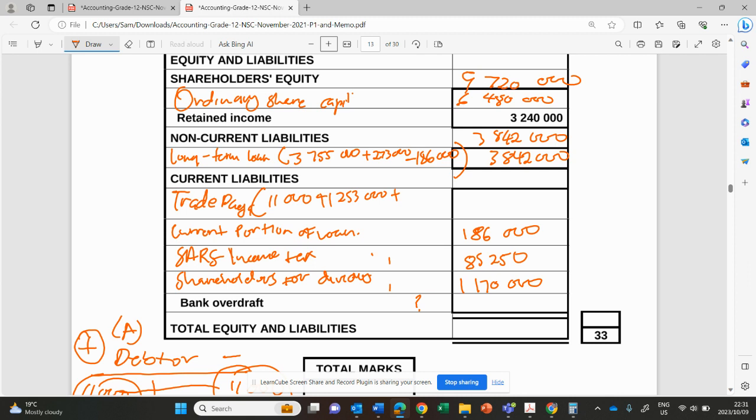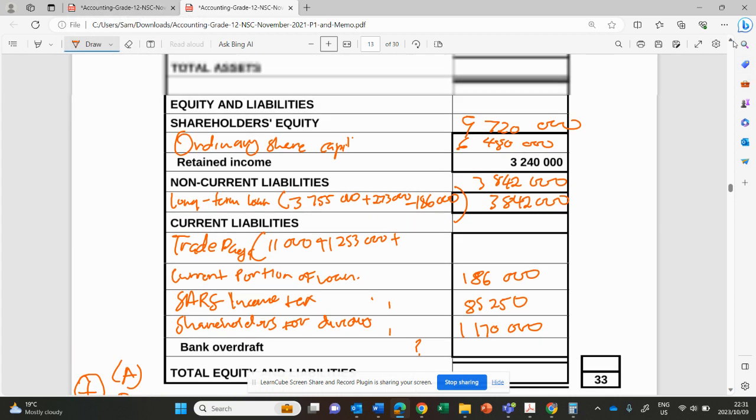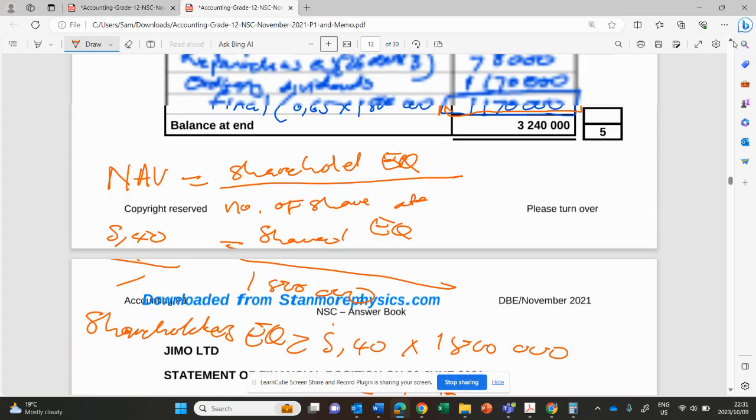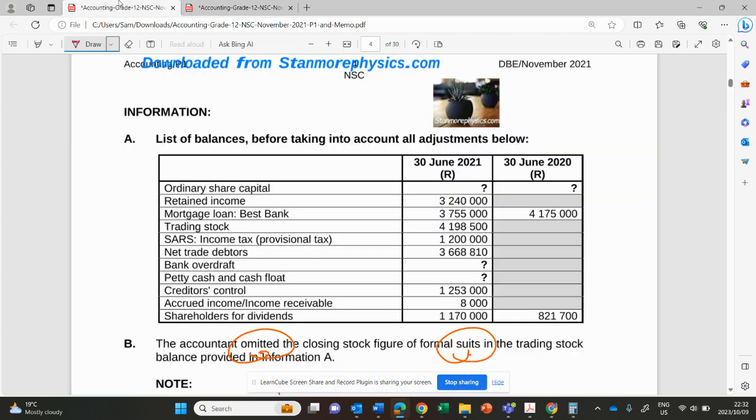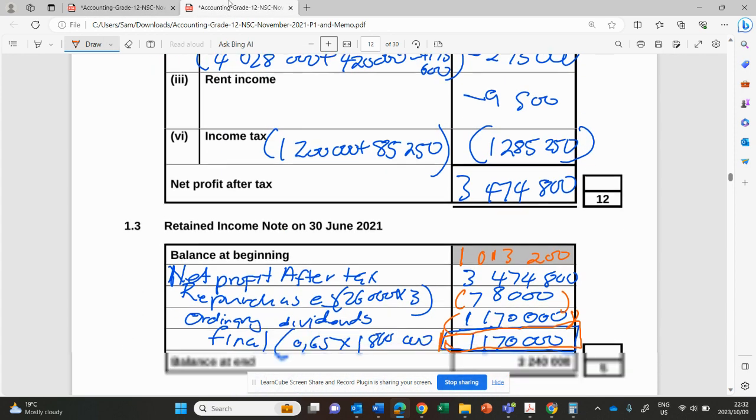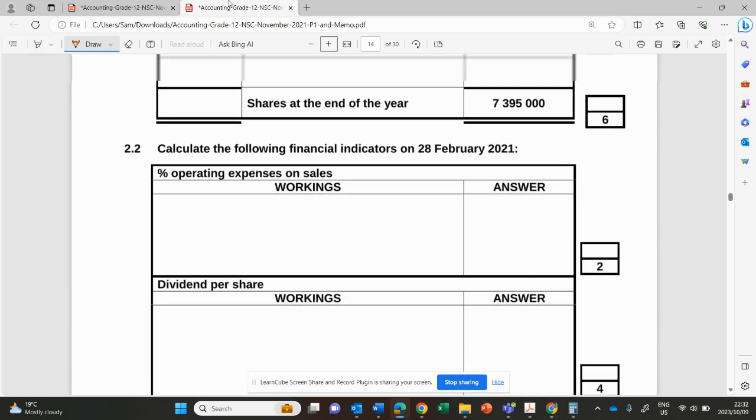Then there was a rent income that was received in advance. We did calculate the rent in advance for 2 months, so no need to recalculate, just copy the amount. 9,500 is for the next financial period.